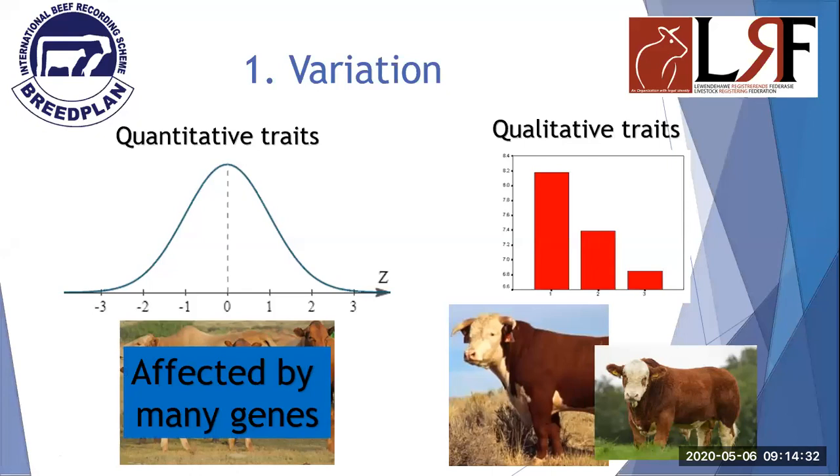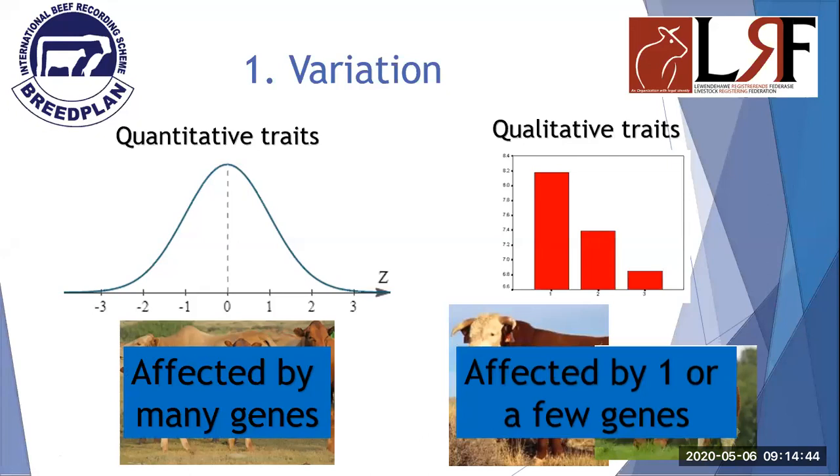So there are many underlying genes that determine what the animal will weigh or its carcass characteristics, etc. With the qualitative traits, they are normally affected by only one or a few genes. So it's sometimes easier to select for them than for some of the quantitative traits.